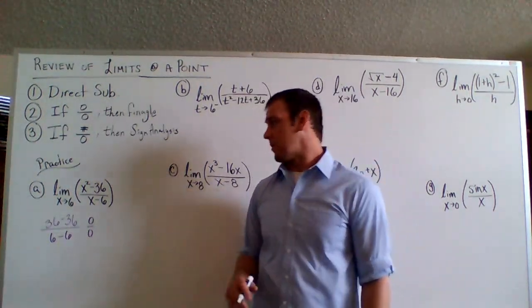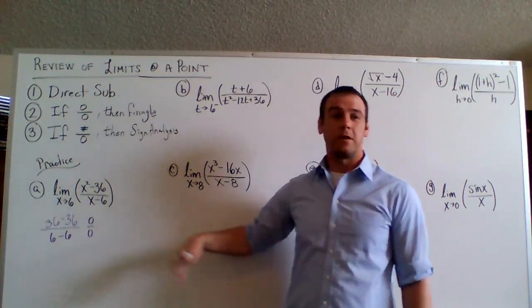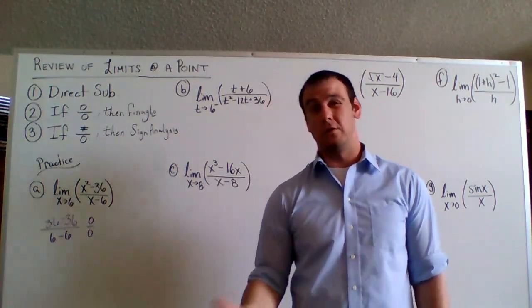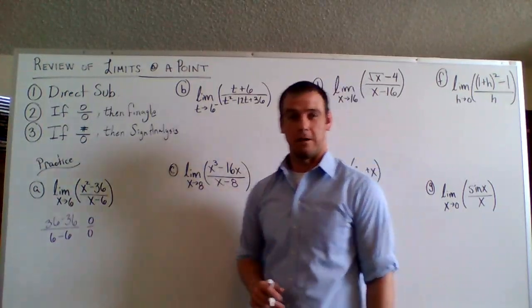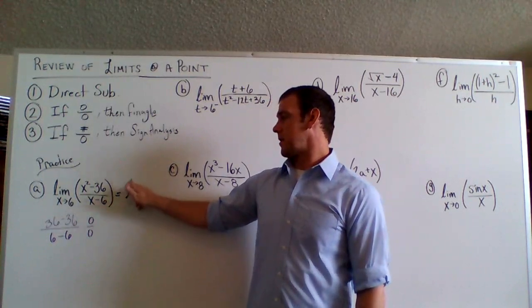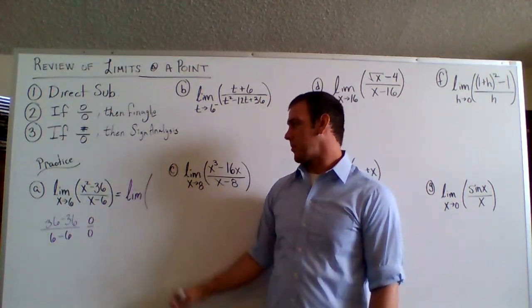What we're going to have to do then is try to finagle this. Remember, you've got to write your limit every single time until you do your direct sub. Once you do your direct sub, then you're good to not write your limit anymore. So for here, this is going to be the limit. Hopefully you recognize on top, it's just difference of squares.